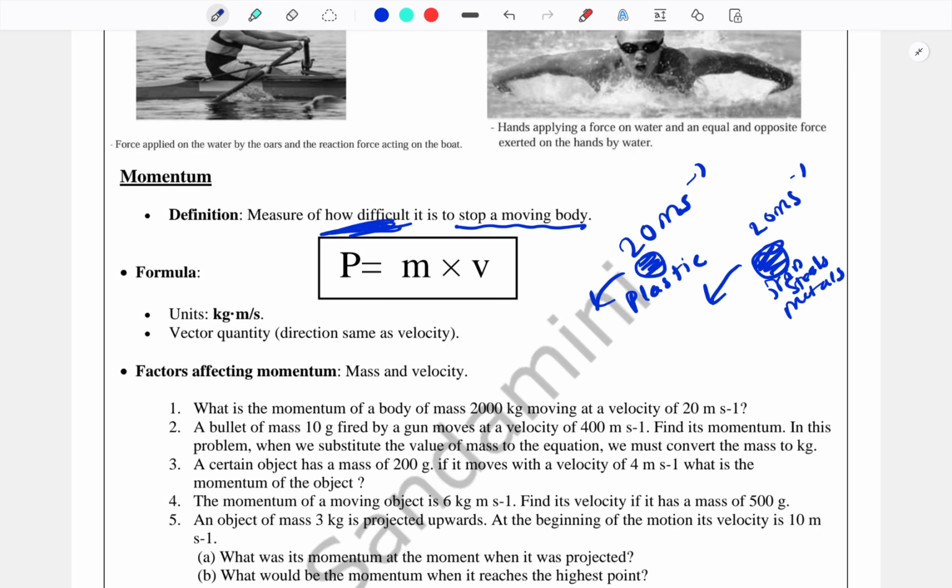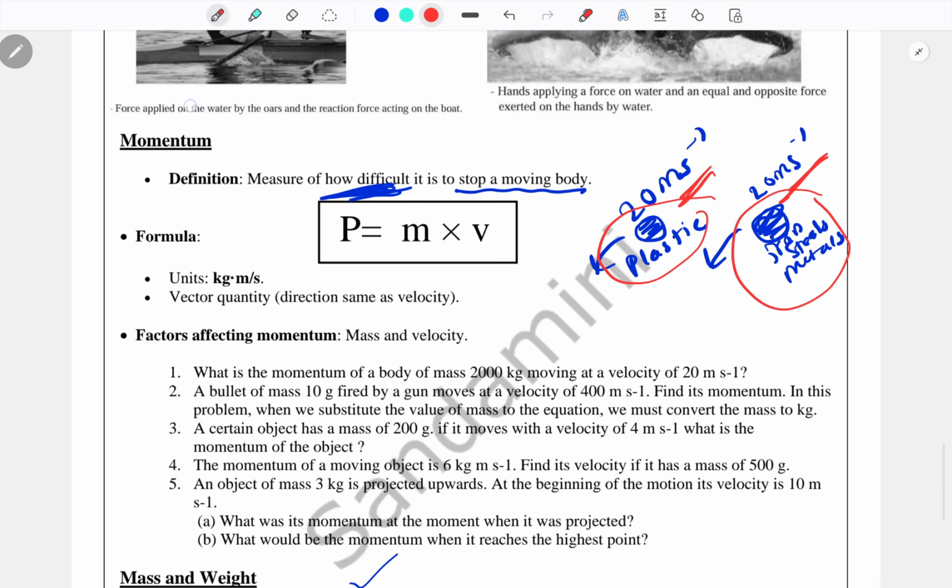I know you can stop both, but if it's pushed against your hand, which do you feel is harder? I mean, how difficult is it to stop the steel ball versus the plastic ball? It's very obvious that the steel ball is much harder to stop than the plastic ball, but it's the same velocity, right?